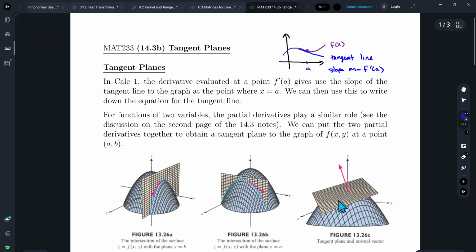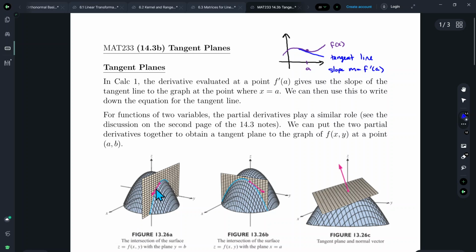To be able to construct the tangent plane, we'll need to use both the partial derivative with respect to x and also the partial derivative with respect to y. So the idea is going to be the following. If you remember, the partial derivative with respect to x tells you the slope of the tangent line in the x direction.